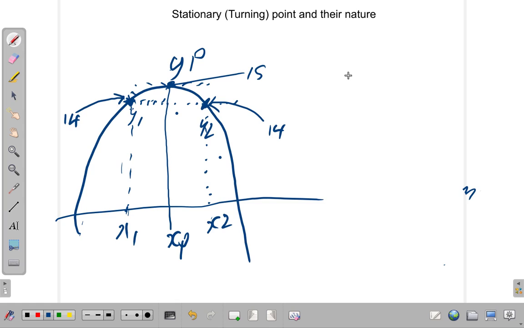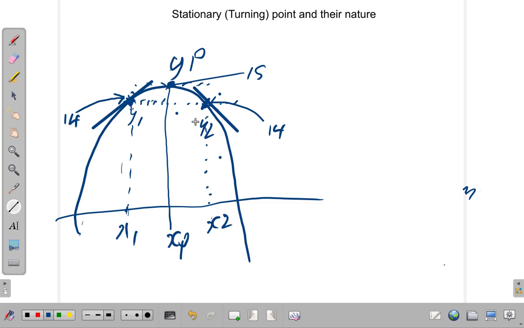Alright? You can also calculate the gradient of the curve at y1, and that would be a tangent. The gradient is positive. The gradient of the curve at y2 is negative. So you see you have a maximum point there.